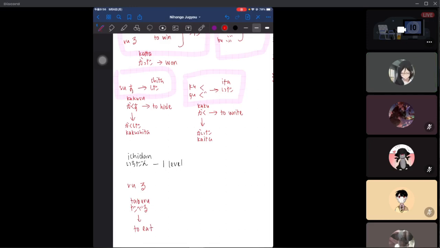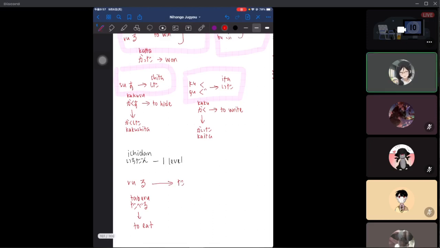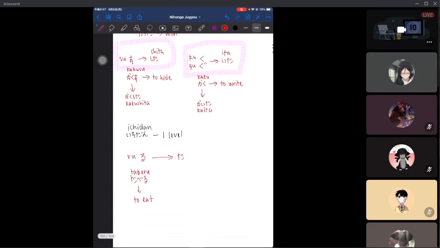So this one is quite easy to remember, because how to conjugate it is basically you just change the ru to ta. So if it's taberu, then if you conjugate it into past tense short form, it will become tabeta.